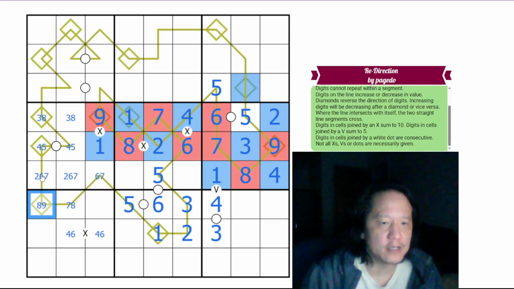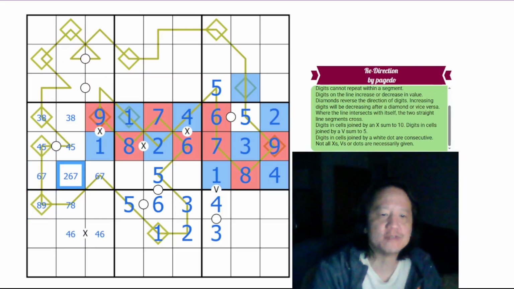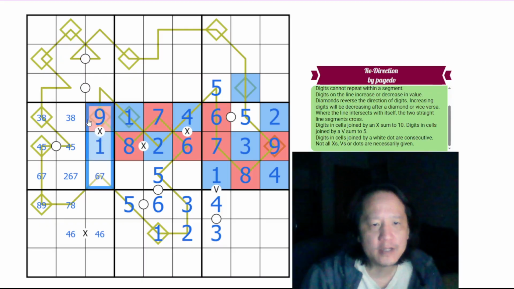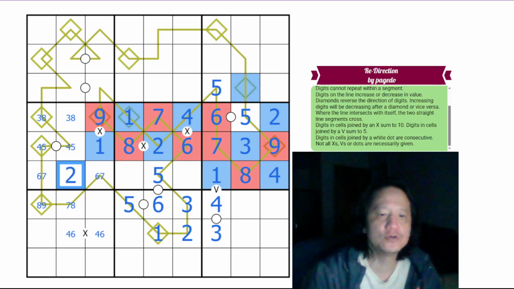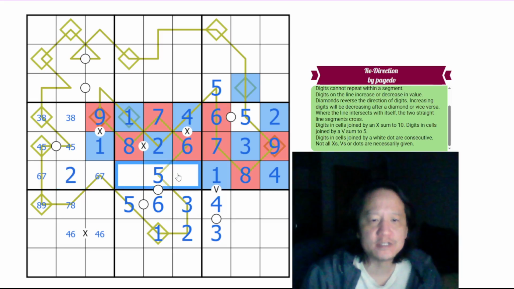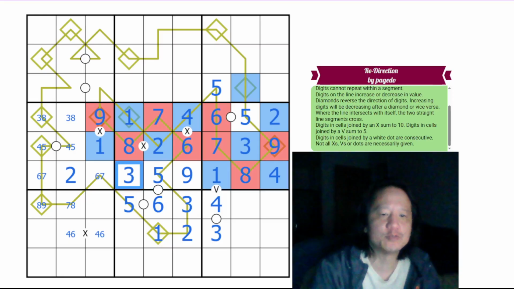Well, if it goes 8, 9, and 2, 2 is not going to be decreasing to the 4 and 5, so this cannot be 2. We have a 6, 7, 6, 7 pair in this box now, which eliminates 6 and 7 in the box. So this is 2. That leaves the remaining digits in row 6 as 3 and 9. 3 can't be here because of 3 in the column, so this is 9, which makes that 3.